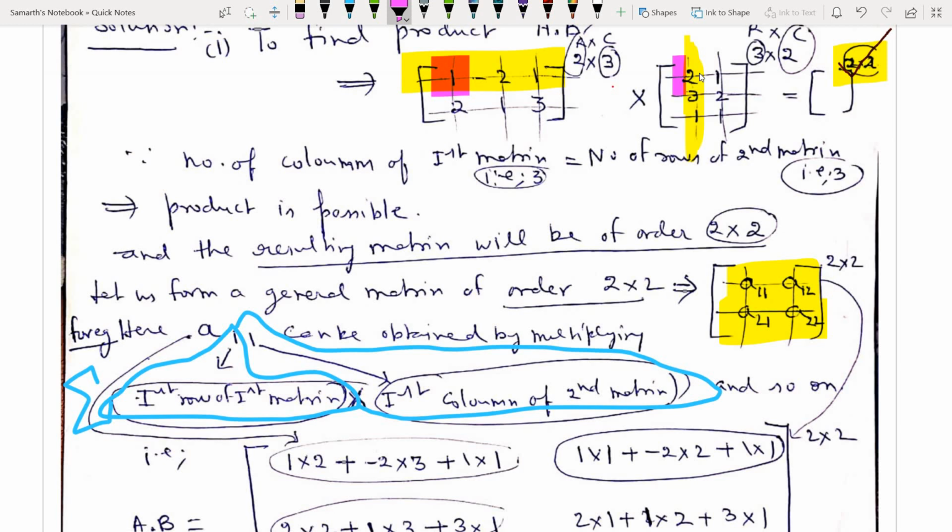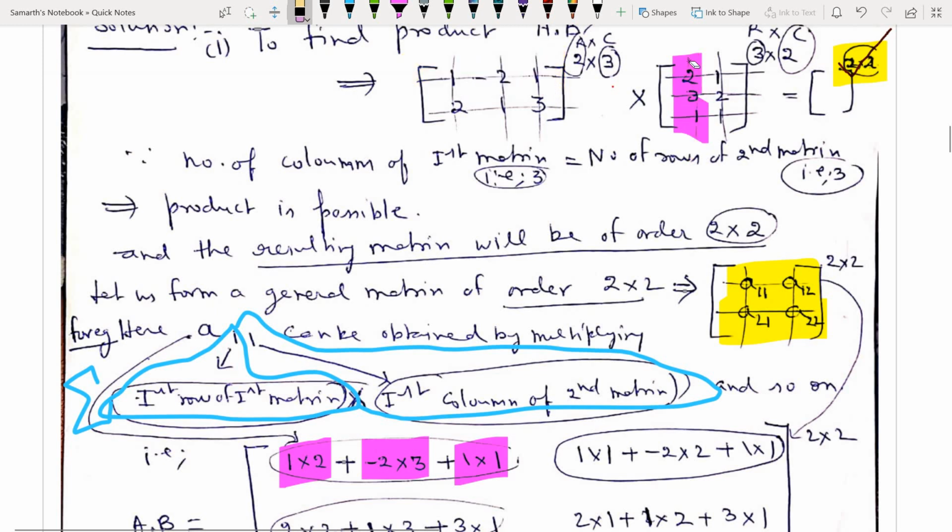When we multiply, we get 1 into 2 plus -2 into 3 plus 1 into 1, and in this way we got the first element A11.